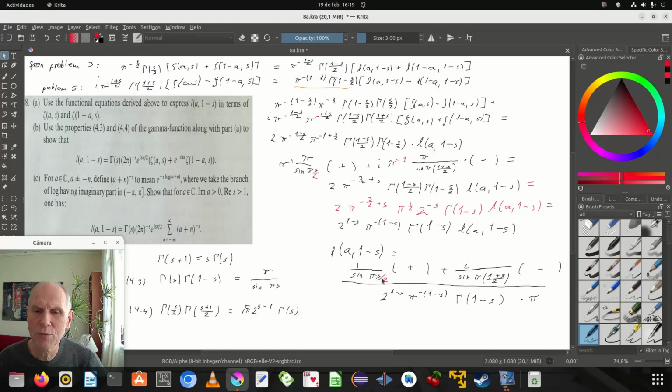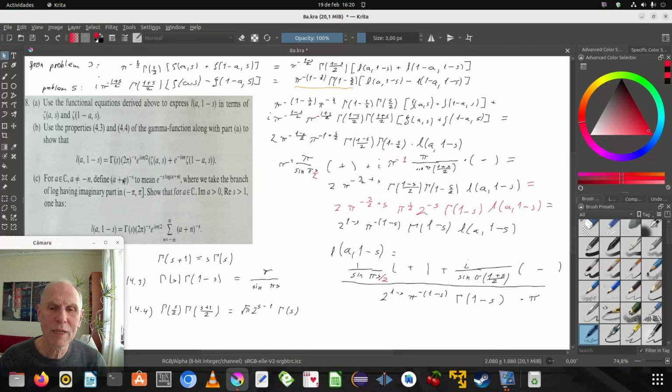So we actually get new products. And one of them might cancel with this. Yeah, I'm not getting anywhere. And I have no idea how we can reduce it to this form.